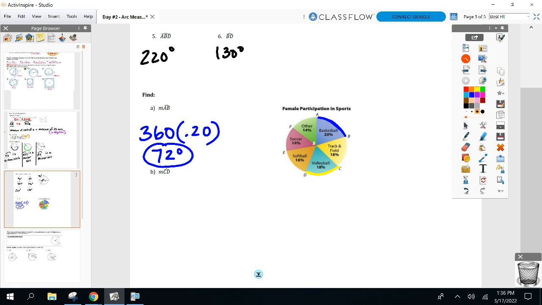What's the degree measure in arc CD? So 360 times 0.18. 64.8 degrees. Looking good.